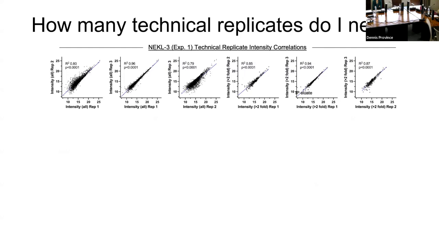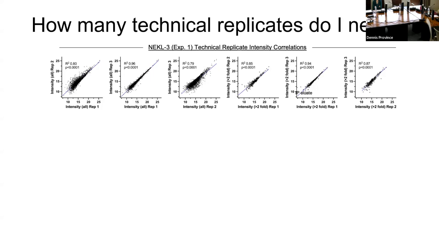So what I've done here is I've taken all of the proteins that were in NECL3 experiment 1, are 3 technical replicates. I take the intensities of every protein where it was in both of them, right? And I'll talk about that too. And I just plot them onto an XY and see how well they correlate. So there's a few thousand dots here, okay? And you can see rep 1 compared to rep 2 looks pretty good.